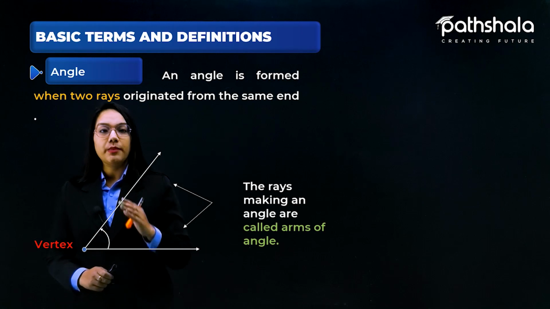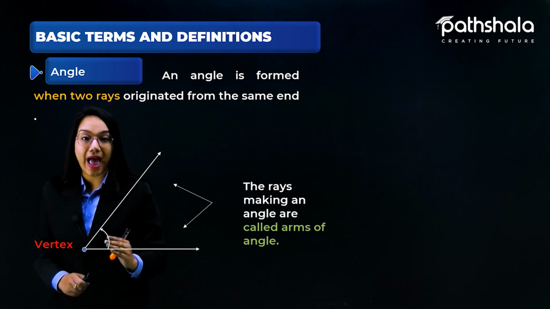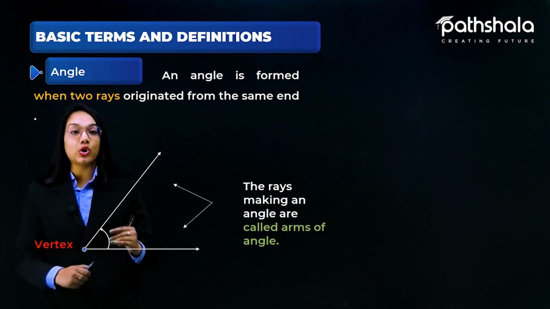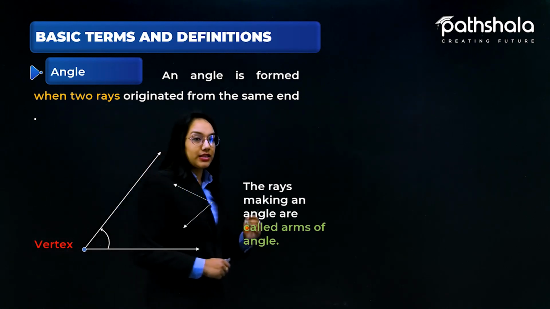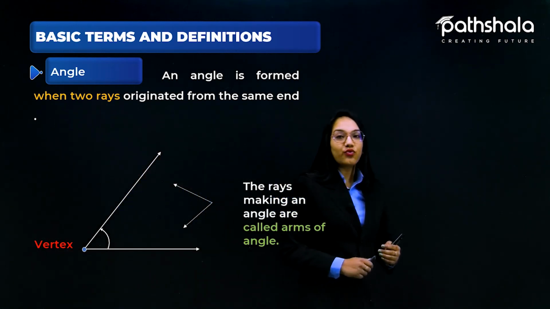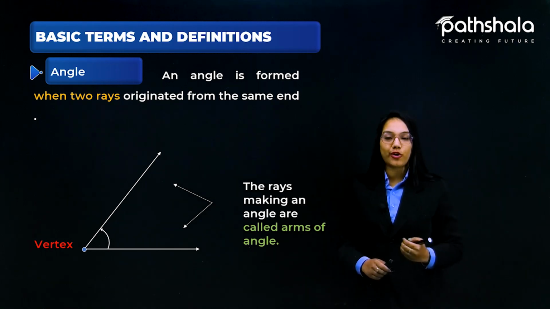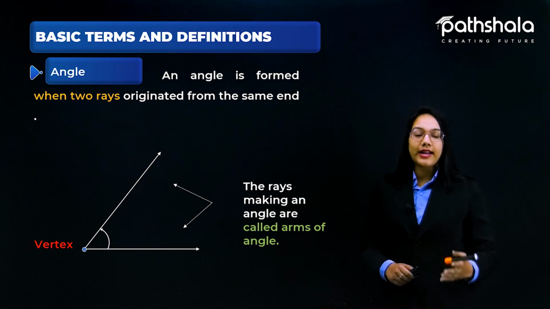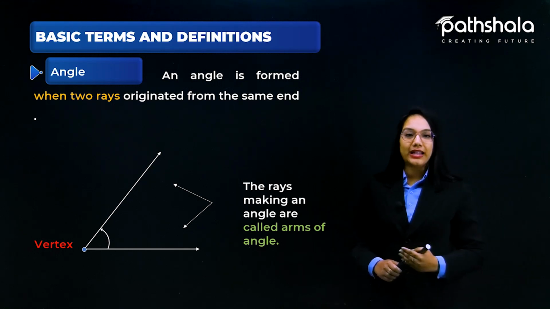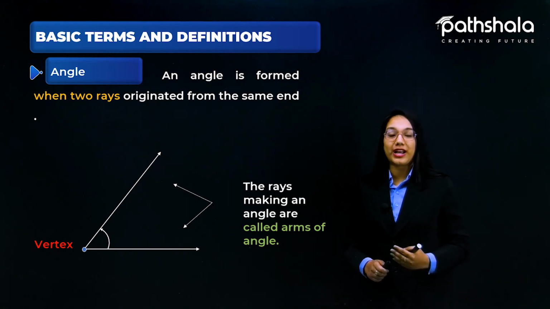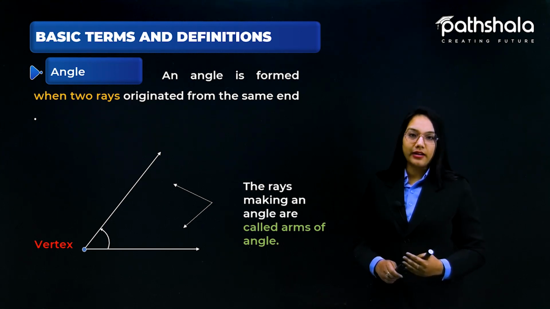So the rays that make an angle in between are called the arms of the angle. This is all about the angle: it is formed when two rays originate from the same end, that end is called the vertex, and the two rays are called the arms of the angle.